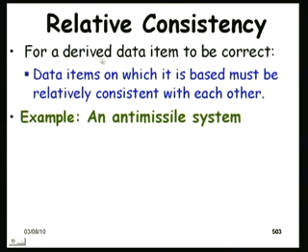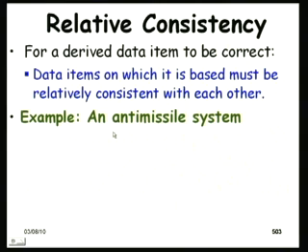Derived data will be correct only if the data items on which it is derived are relatively consistent with each other, or in other words, a set of data items would be called relatively consistent if they are contemporary data items. Now, let us see what we mean by this through an example.